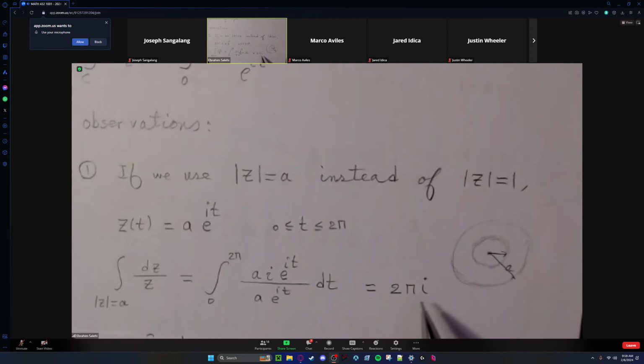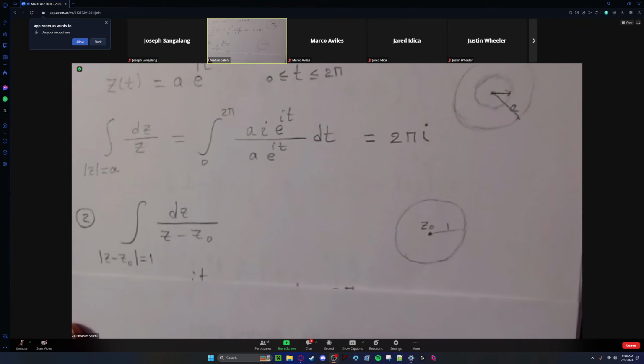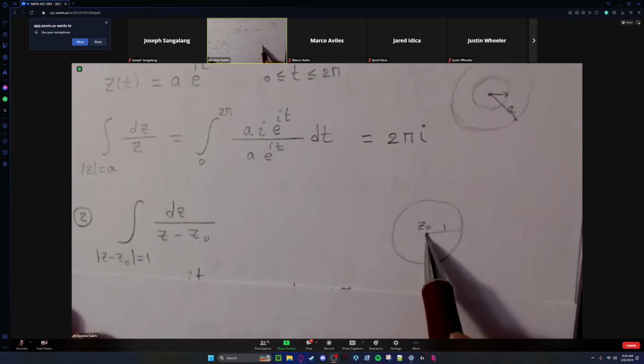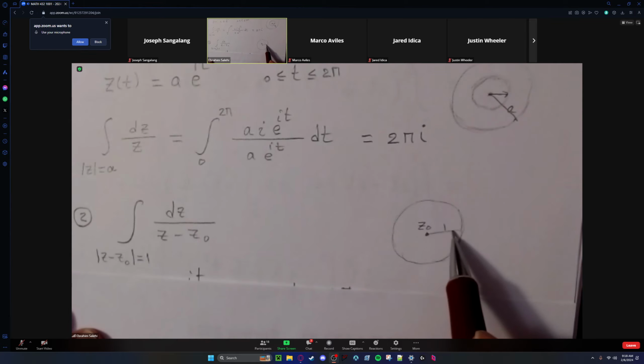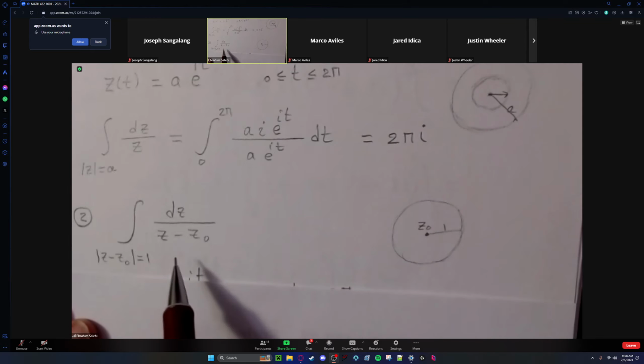How about if we integrate over this circle whose radius is 1? So the radius is irrelevant here, but the center is z naught. In this case, you integrate dz over z minus z naught, all right?